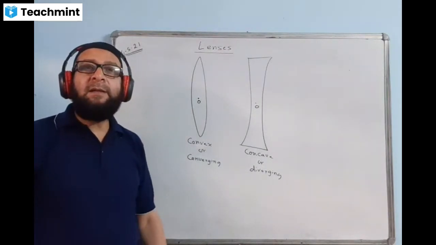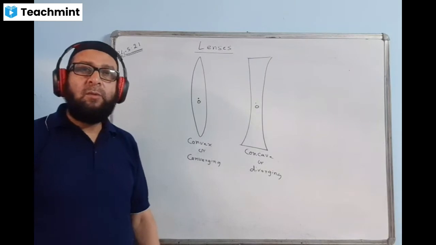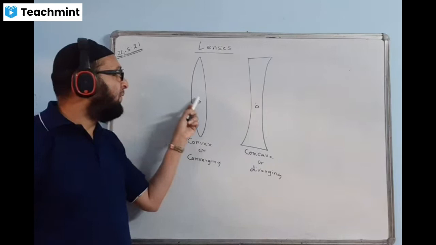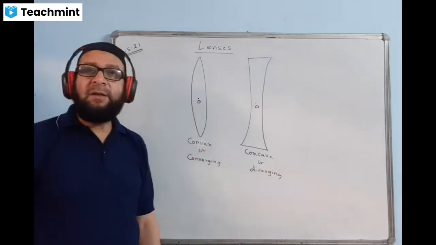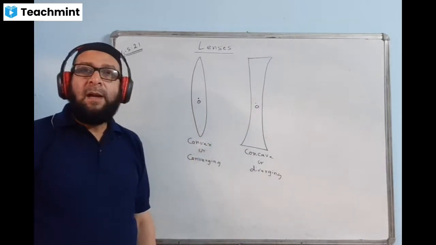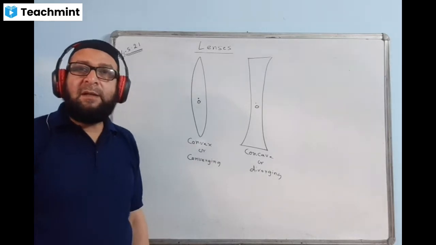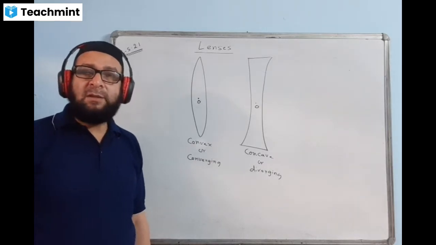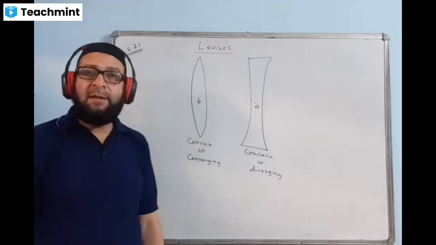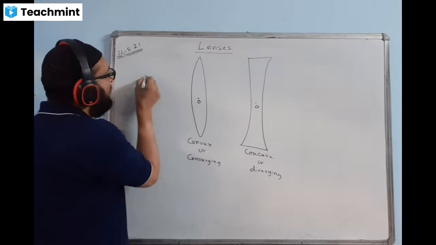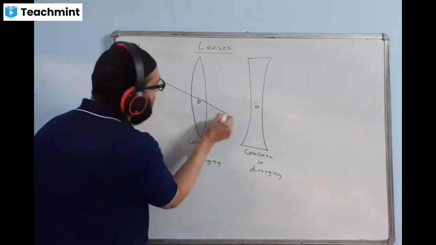Any incident ray through O will not bend, it will go straight. An incident ray through the optical center does not get deviated after passing through the lens. It will pass undeviated. That means any kind of incident ray through O will go straight without bending.